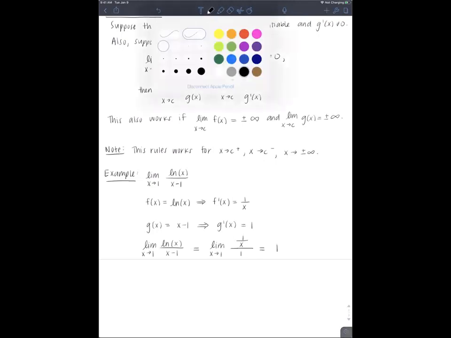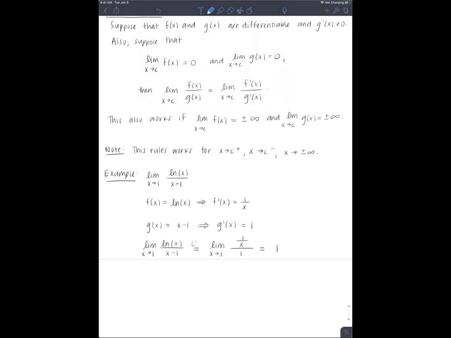So what some people will do is put a little L-H there to say this is where I used L'Hopital's rule. That's what's happening here. I think it's good to get in that habit, because when you're doing really long problems, it's nice to be able to keep track of what happened where.